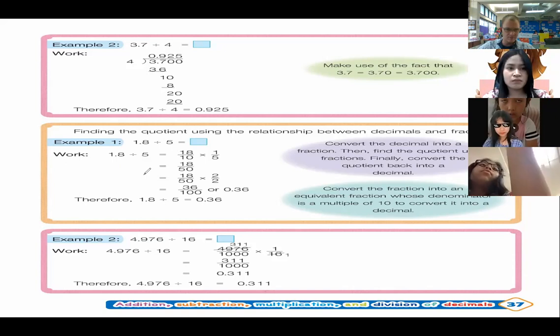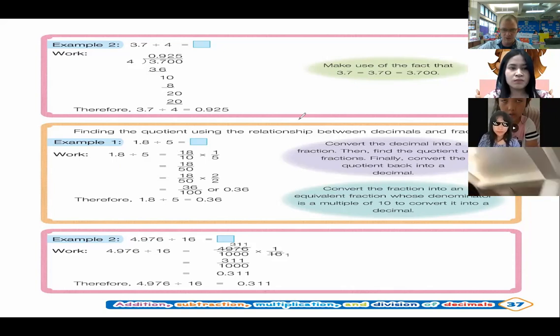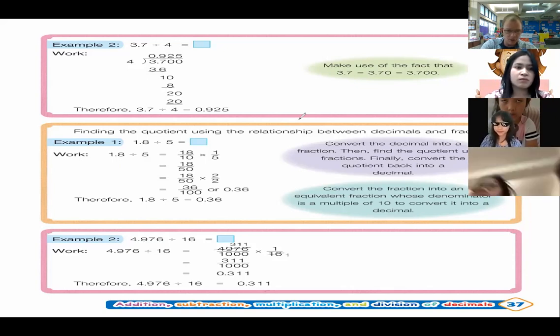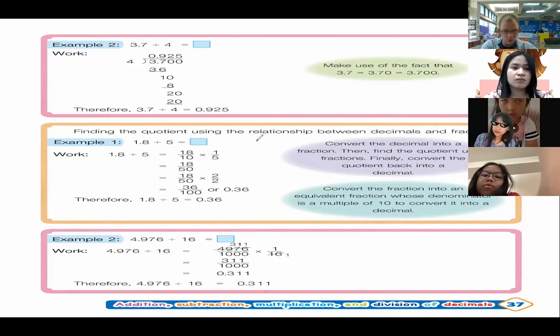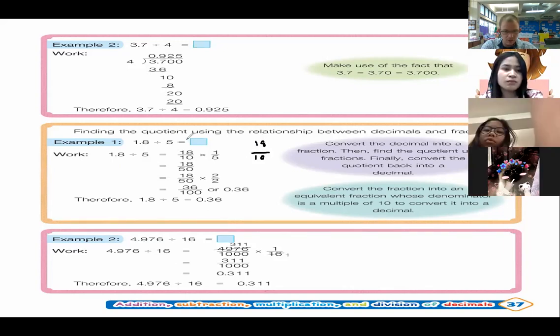Now we can solve it by multiplying fractions. For example, we have 1.8 equals 18 over 10. And dividing, we change the sign and we get a reciprocal.